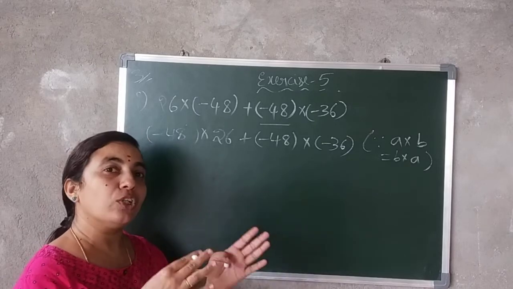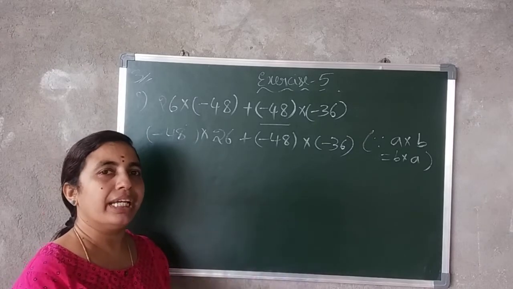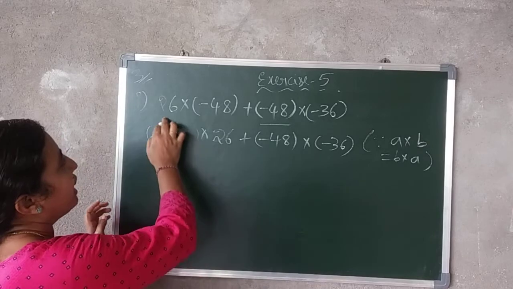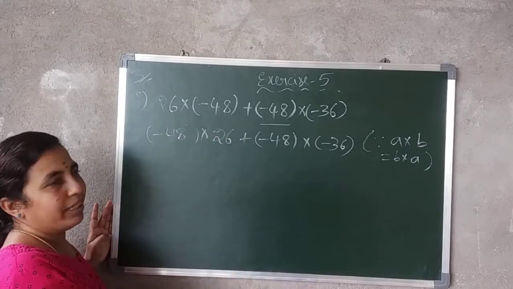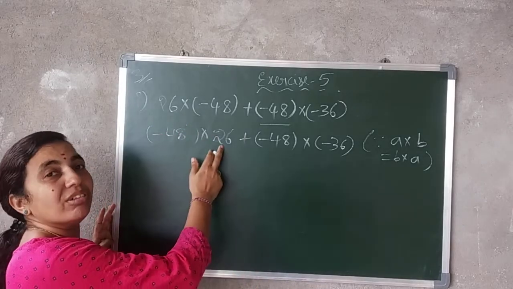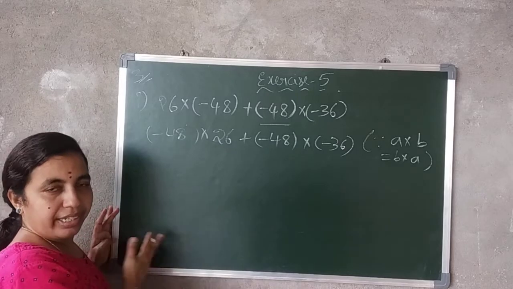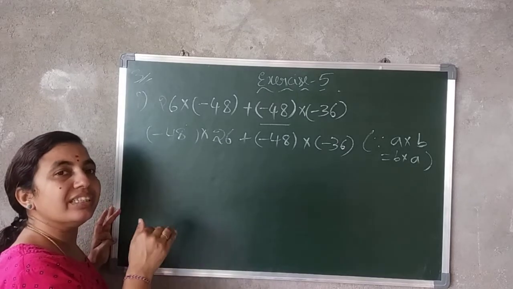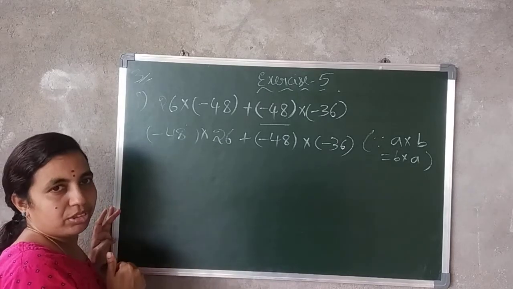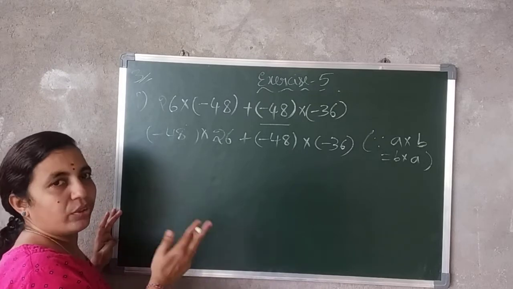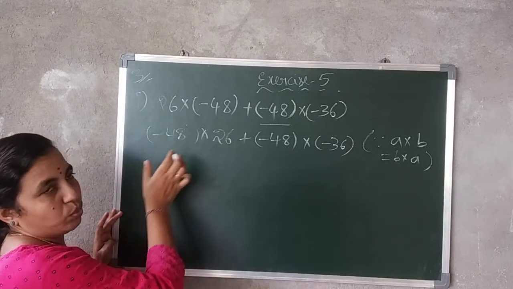So 26 into minus 48 can also be written as minus 48 into 26. There is no change in that. You can change the position of these two numbers.